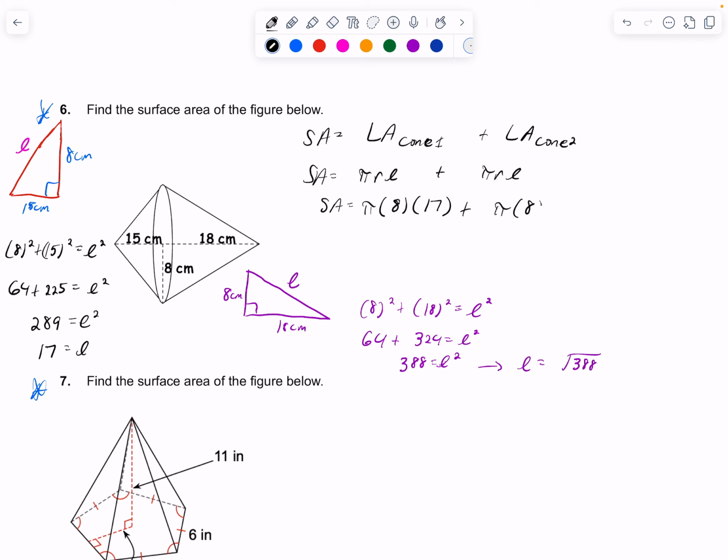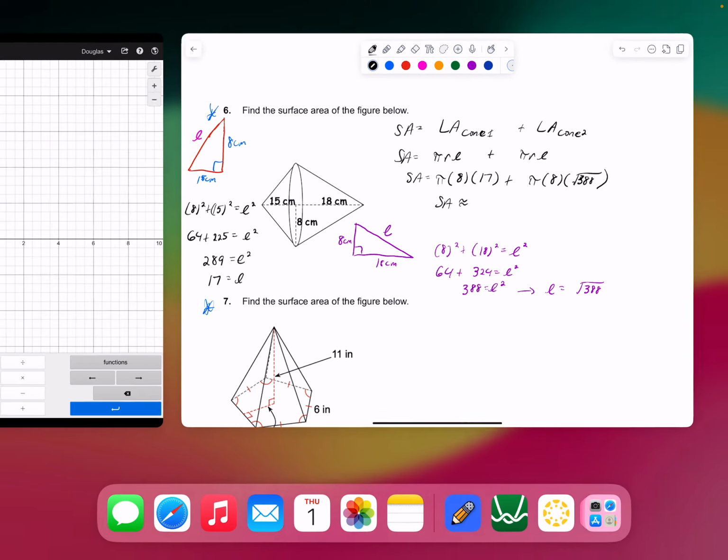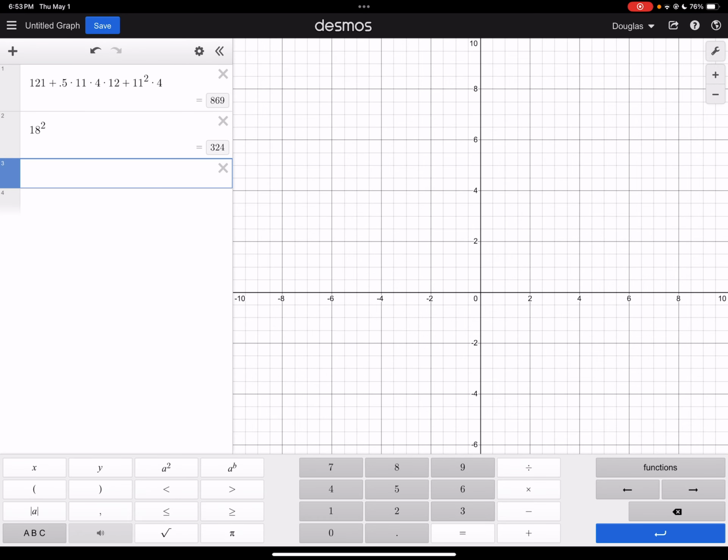Plus pi times 8, and I'm just going to plug in the square root of 388. Now that will allow me to get an approximation. So let's plug in here. So we have our first one is pi times 8 times 17. I'll confirm that. I'm pretty sure that's right. Plus, and then pi times 8 times, I believe it was the square root of 388.